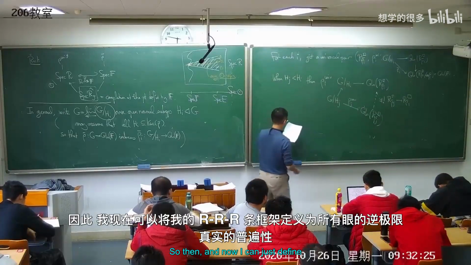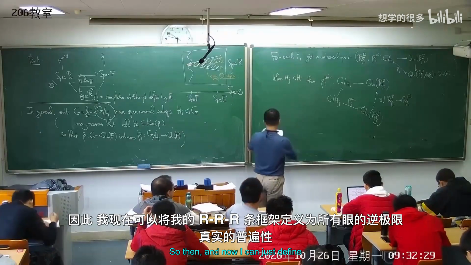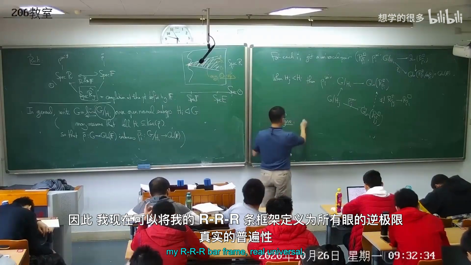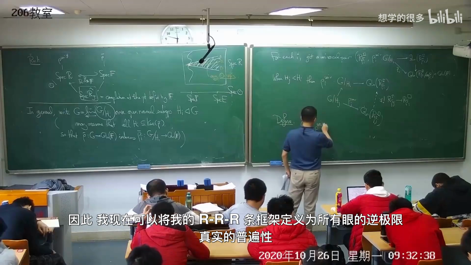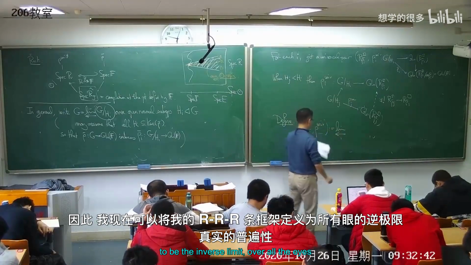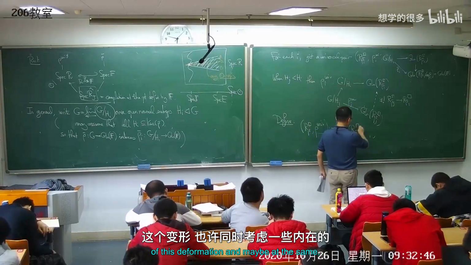So then now I can just define my R_{rho bar}, rho universal, to be the inverse limit over all the i's of this deformation ring.